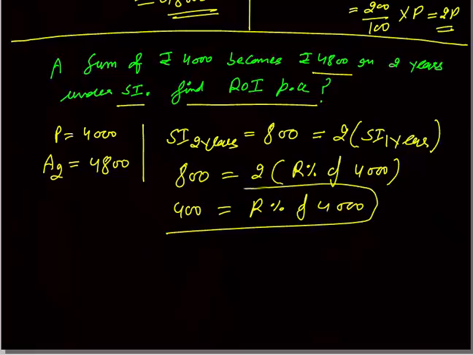Now by common sense, what should be the value of R? What percent of 4,000 will we get 400? So by common sense, the answer is 10%. R is equal to 10%, because 10% of 4,000 is 400. So in this way, you can solve these kinds of easy questions with minimum writing.